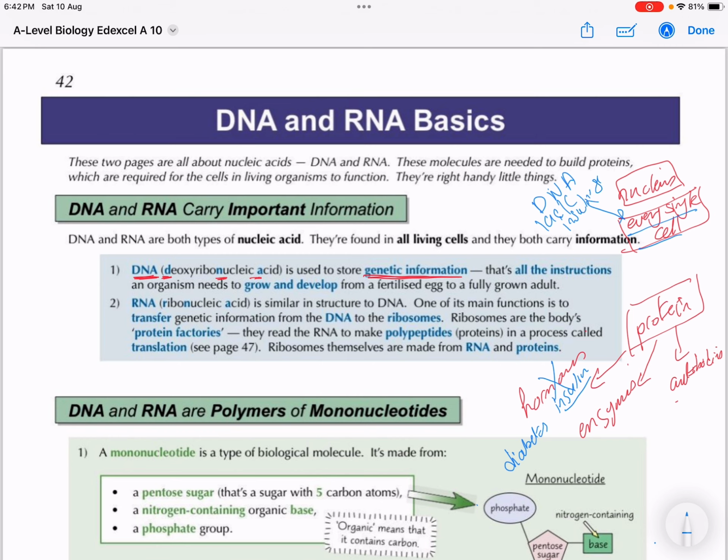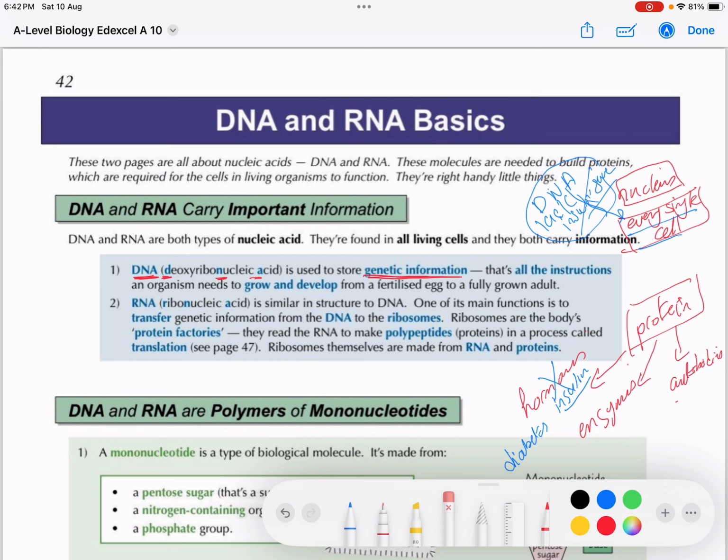So they lack the insulin gene. So the insulin gene is not in the proper code. It's not there, so their cells cannot make insulin. That's why they have diabetes. So that's an example of how important the genes are. So basically, guys, your cells are able to make growth hormone, for example, because you have the gene that gives the instruction for making growth hormone. I hope this part was clear.